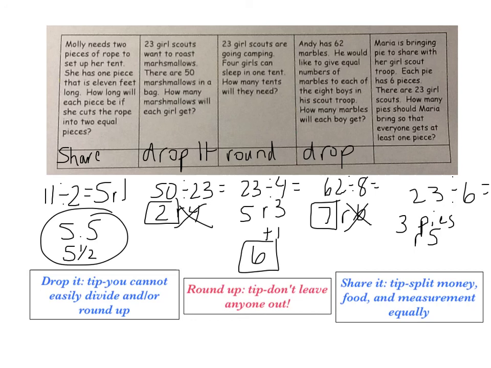It says how many pies should Maria bring so that everyone gets at least 1 piece? Well, right now we've got 5 girls left over, so we need to round up so that everyone can have at least 1 piece. So we would need to have 4 pies. So we round it up.